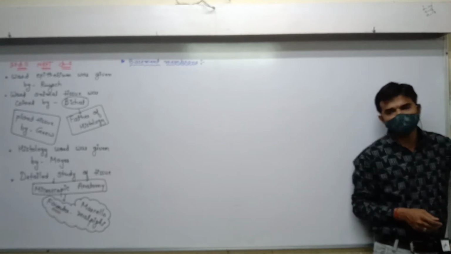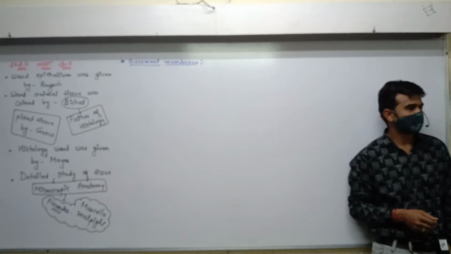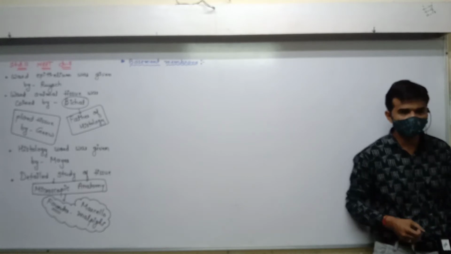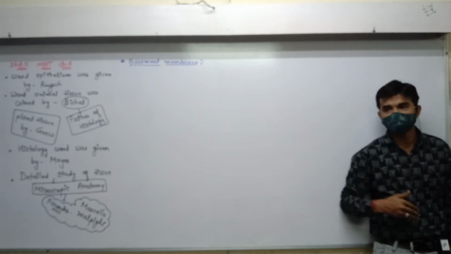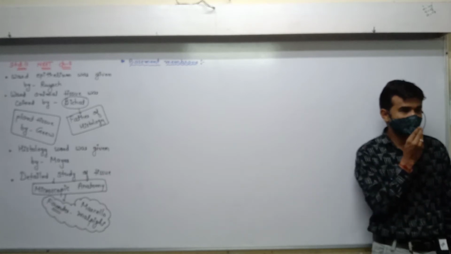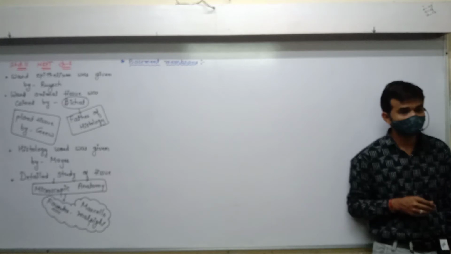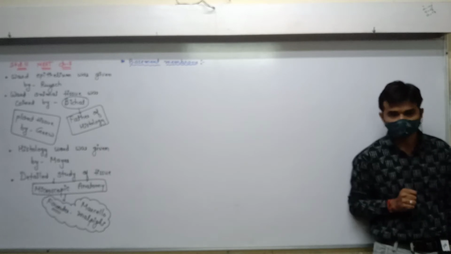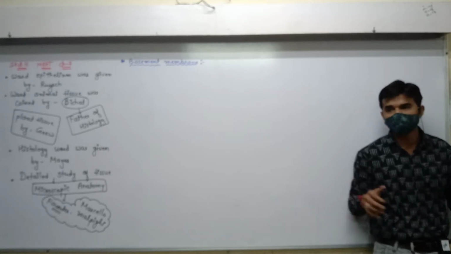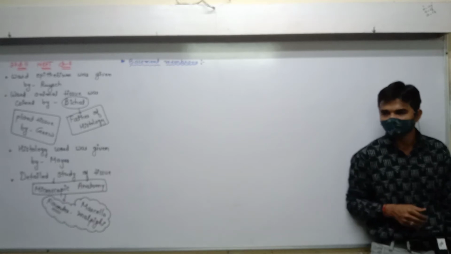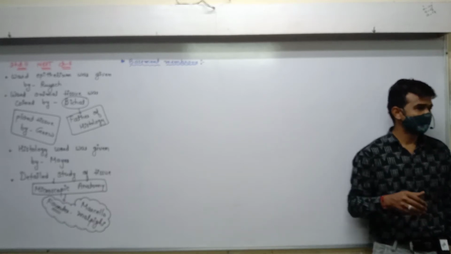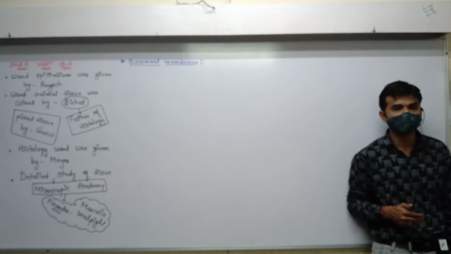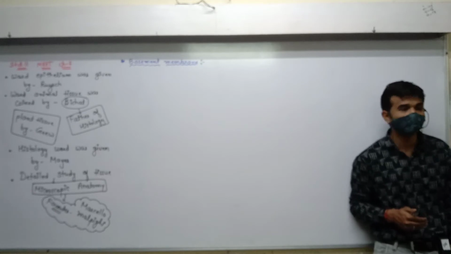Here the epithelial tissue covers or protects the organ, or when it is present inside the organ, it acts as glandular or absorbent. So inside the organ it secretes or absorbs, and outside the organ it acts as a protective or covering layer.